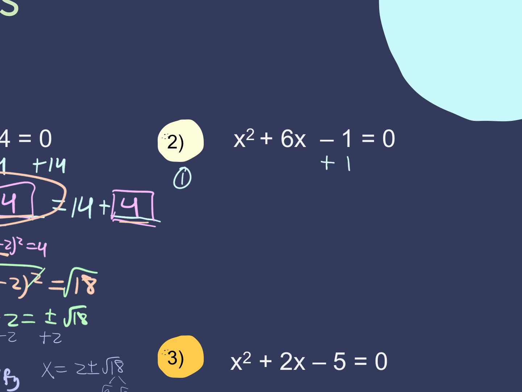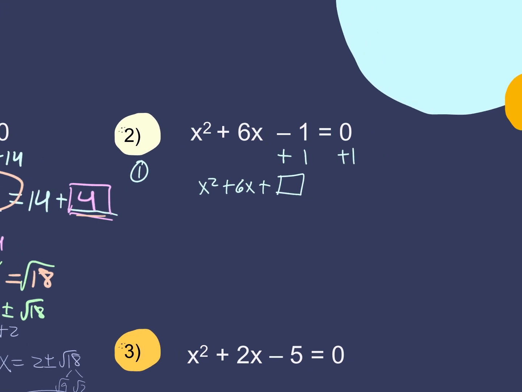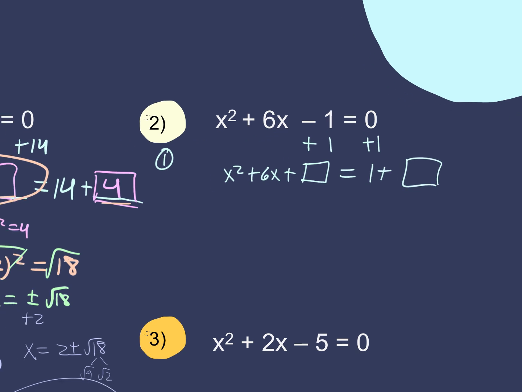So I'm not going to write all the words down. You guys can look at that. I'm going to add the 1 on both sides. So we get x squared plus 6x, and then plus a little box, or plus a little space, whatever you want, equals 0 plus 1 is 1, and then plus the little box.